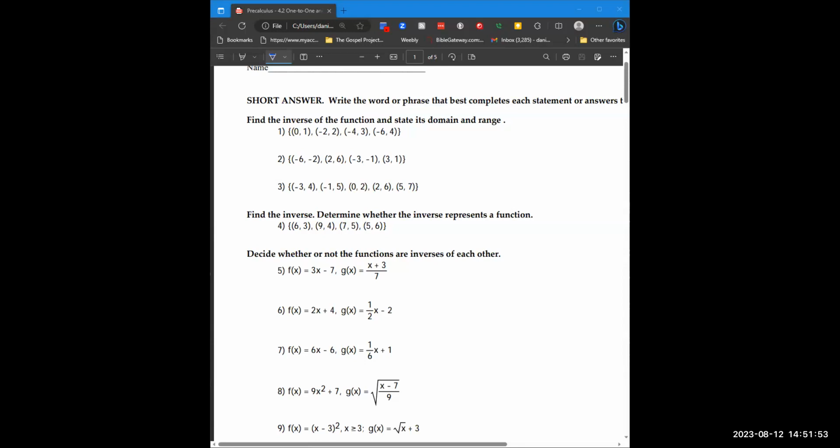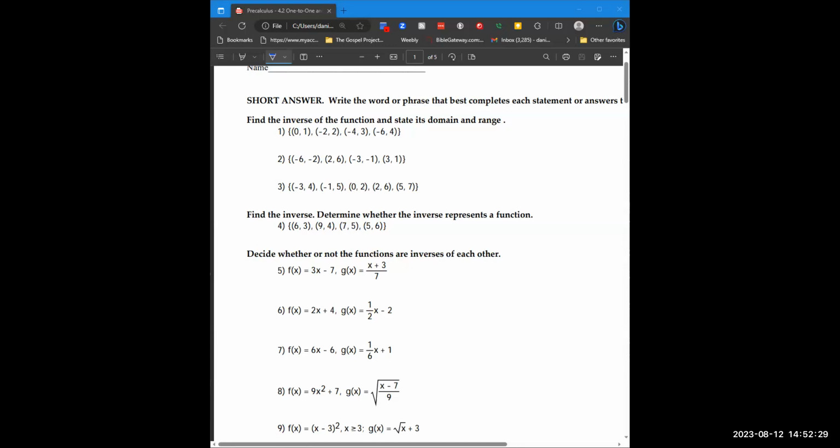Do I see any of the x values repeated in this new relation? I do not. So this is a function because the original one was a function. This inverse is now a function, and its domain is going to be 3, 4, 5, 6, and its range is going to be 6, 9, 7, 5.